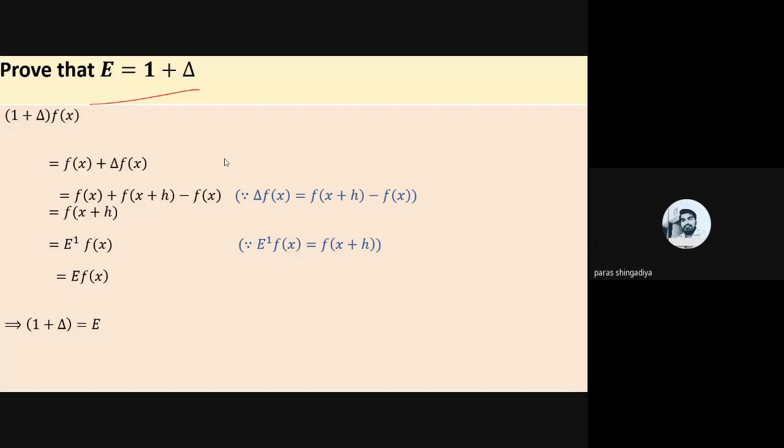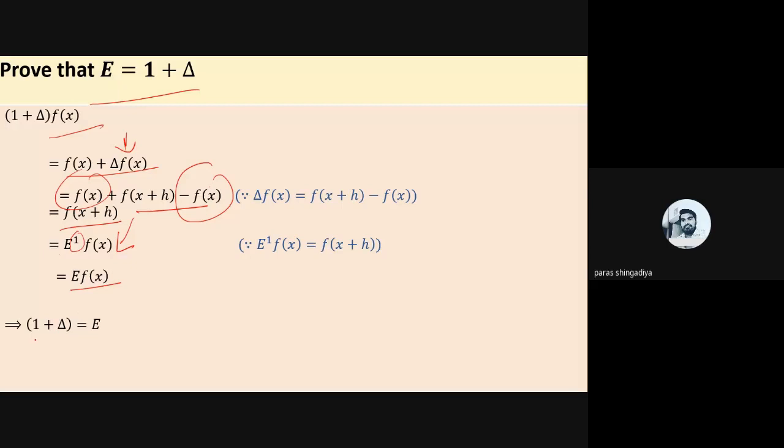We are using this formula here: 1 plus delta fx, apply fx inside, and then the delta formula, that is f of x plus h minus fx, then fx minus fx will be removed, so it will be f of x plus h. Now apply the shifting formula here. f of x plus h means you have to shift one step, so the power of E will be 1, so E1 fx is f of x plus h, and E with power 1 is written as Efx only.